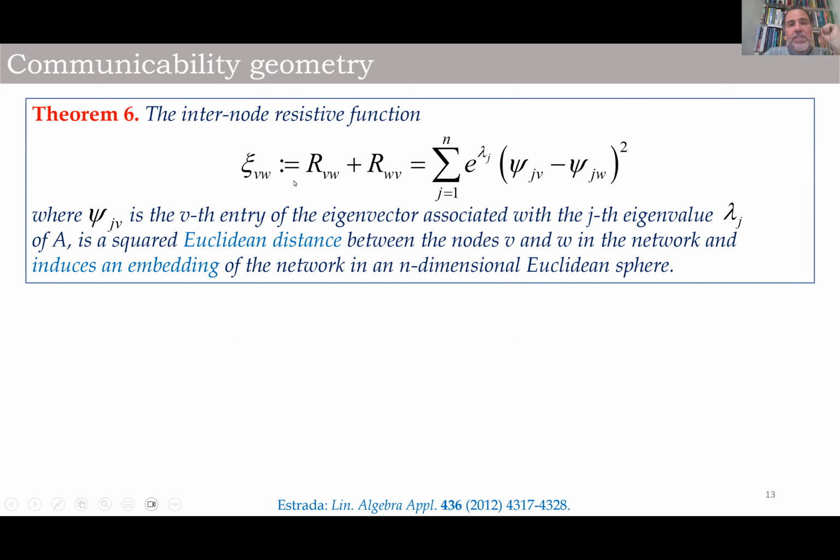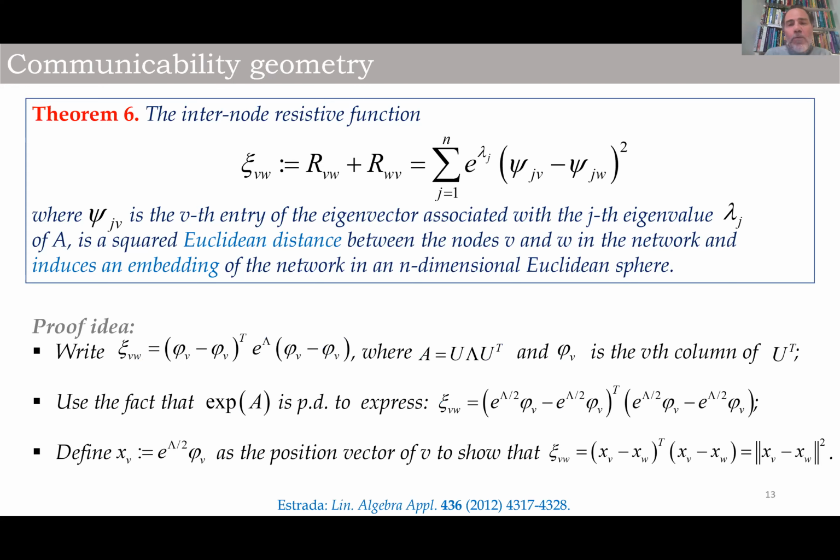And the good news is that this sum here, which is nothing other than the difference between the amount of information retained at both nodes minus the information which is transmitted between the two nodes, is the Euclidean distance between the corresponding nodes. So this quantity is a proper metric in the Euclidean space in which the network is embedded. The proof is relatively simple.